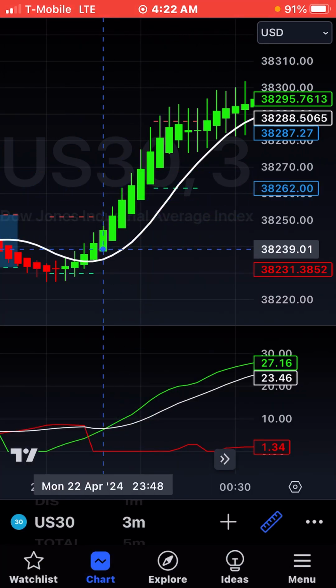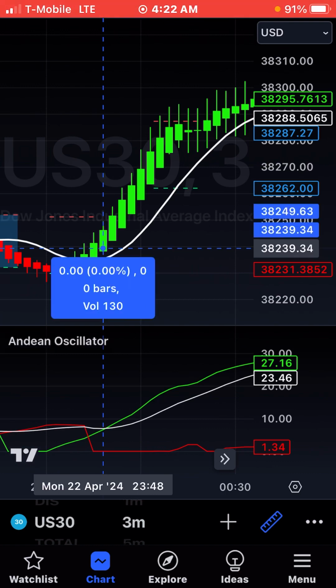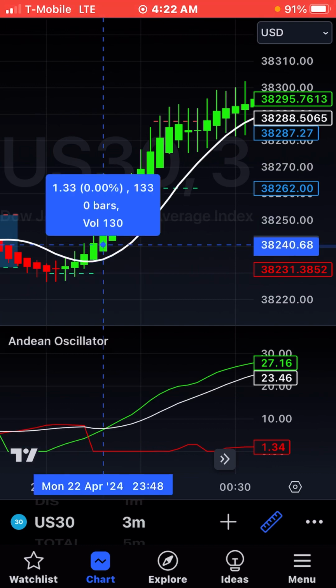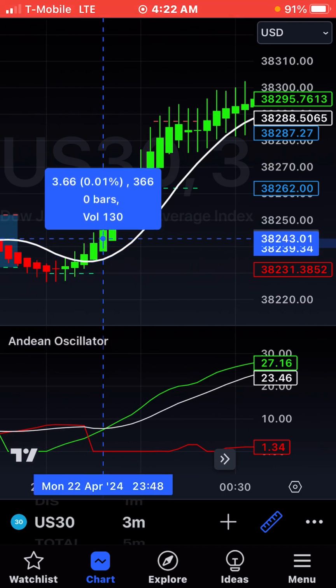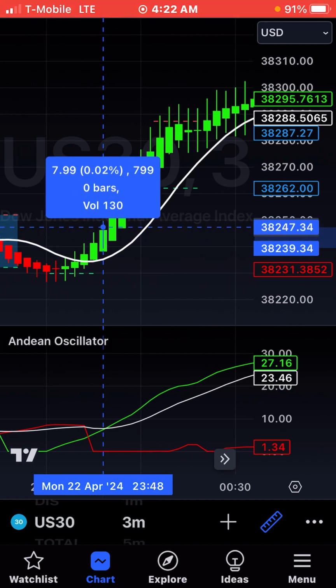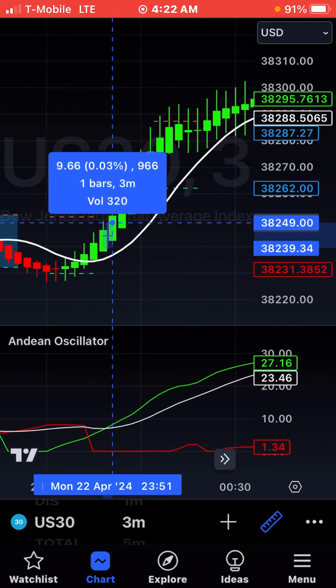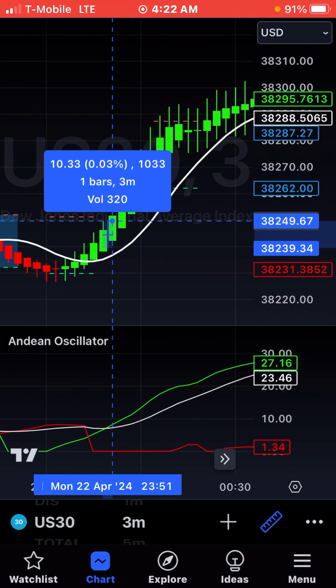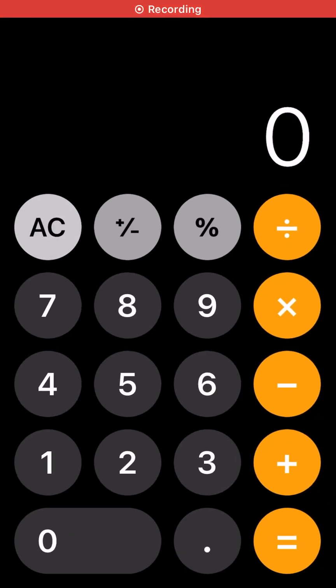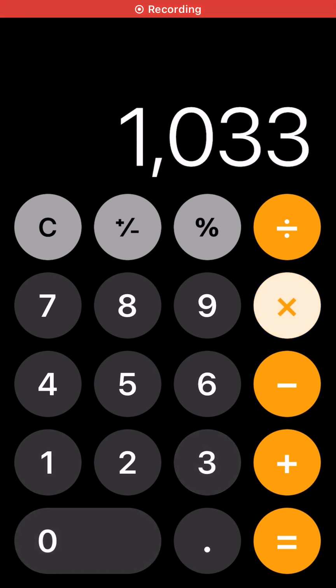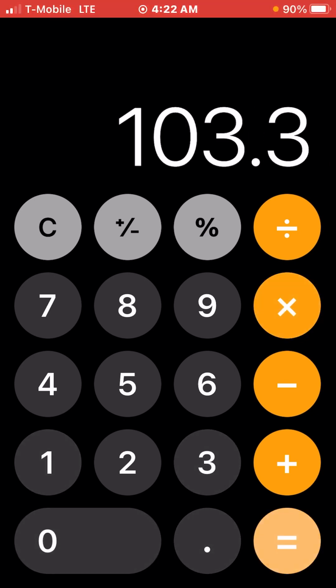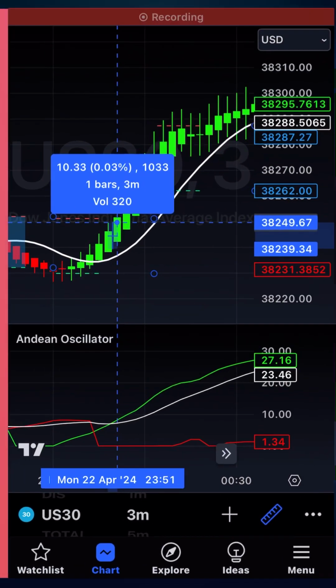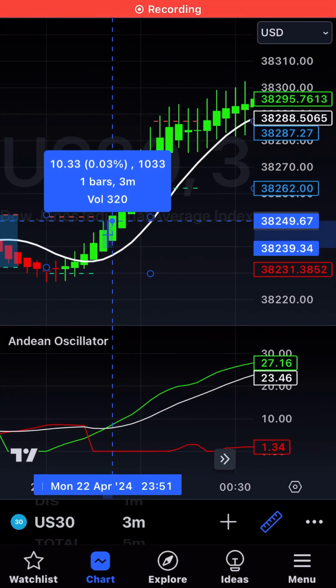So that'd be this candle here. And you ride it out till, there's your $100 right there. 1033 times 0.10. So yeah, that small little move right there is $100 at a 0.10.